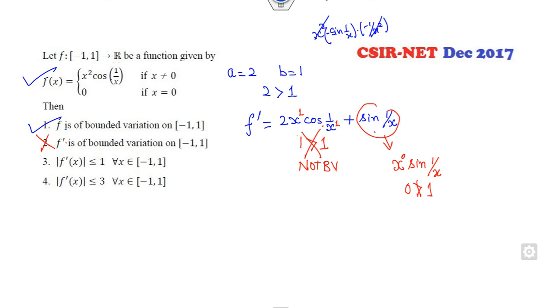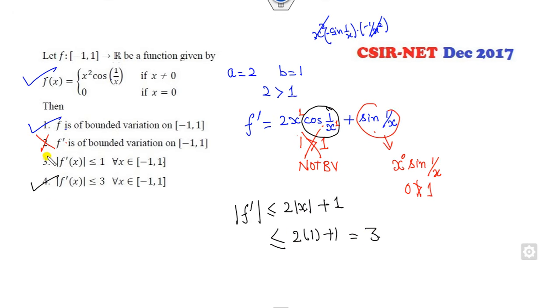Now you have to find this absolute value. What is f dash? You can see it is less than 2 mod x, because this value will be less than 1, this will be less than 1. So over this domain, mod of x is less than, so it will be 3. So the fourth is there here. So the right answers are A and D.